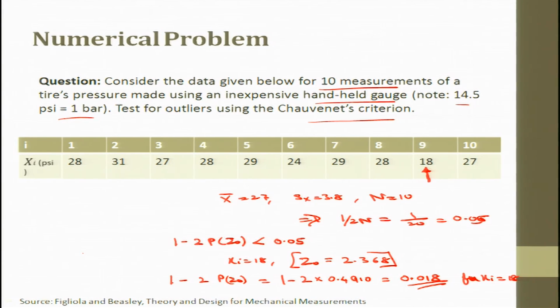So, I can see here that 0.018 is less than 0.05. Now, this implies that this xi is an outlier. So 18 is the outlier here.